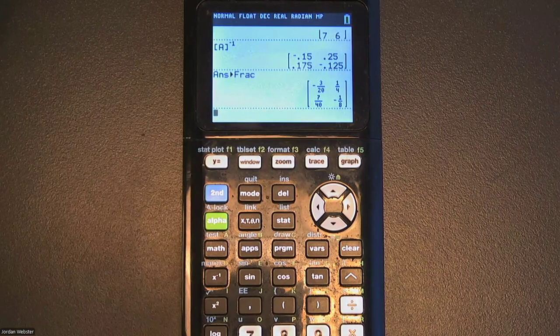Like -6/40 reduces to -3/20. 7/40 doesn't reduce. But -10/-40 is like a 1/4. So the inverse button on our calculator can give us the inverse matrix.